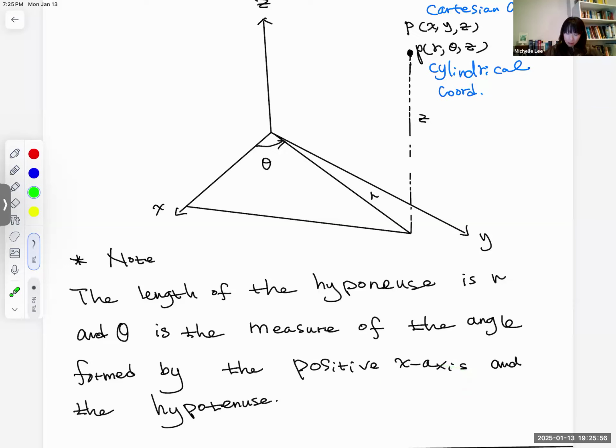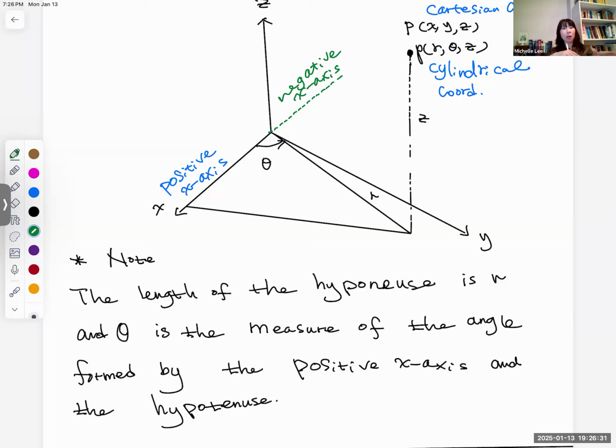So this is from the positive x-axis, right? And then this is negative. So positive x-axis, and then here is the negative x-axis. So they form the length of the hypotenuse r and the angle theta measured from the positive x-axis. All right.